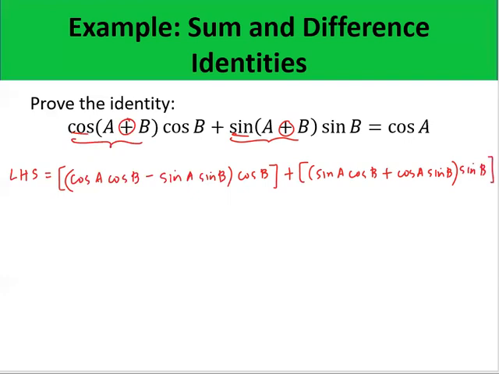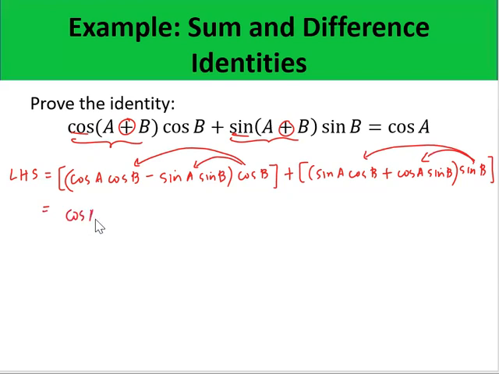Now, if we distribute the cosine B to both of these terms and sine B to both of these terms, we get the following.